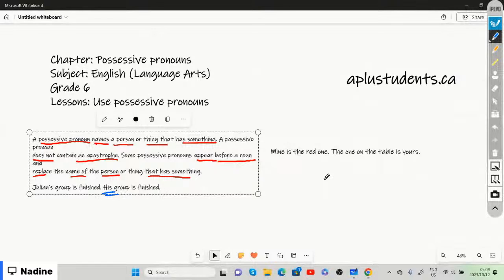If we identify the possessive pronoun within the sentence, we can say it is mine.